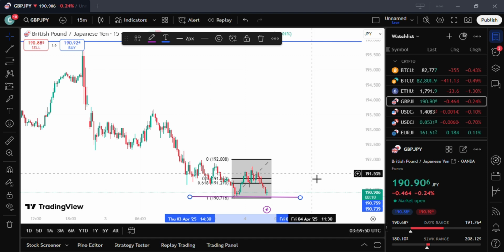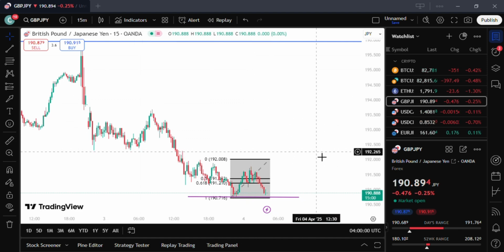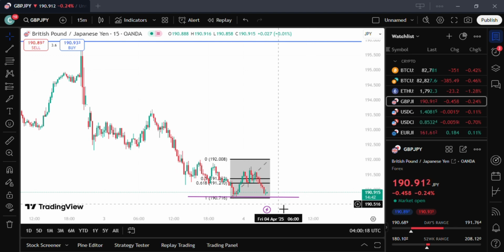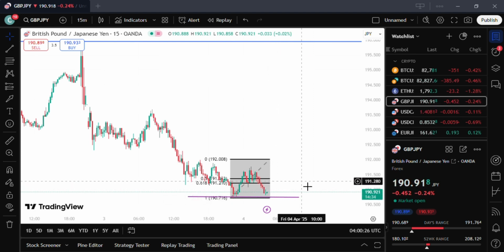This report is expected to bring heightened volatility across this pair, because as we know, the current US government with the Department of Government Efficiency, DOGE, has been trying so hard to cut government jobs, and many people have been fired from their jobs. So we don't know if it's going to affect the report, where we could see a weaker report showing a weaker dollar.